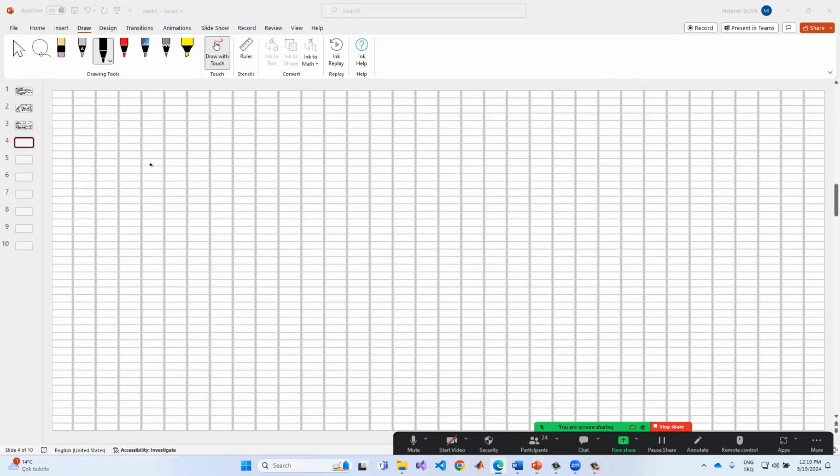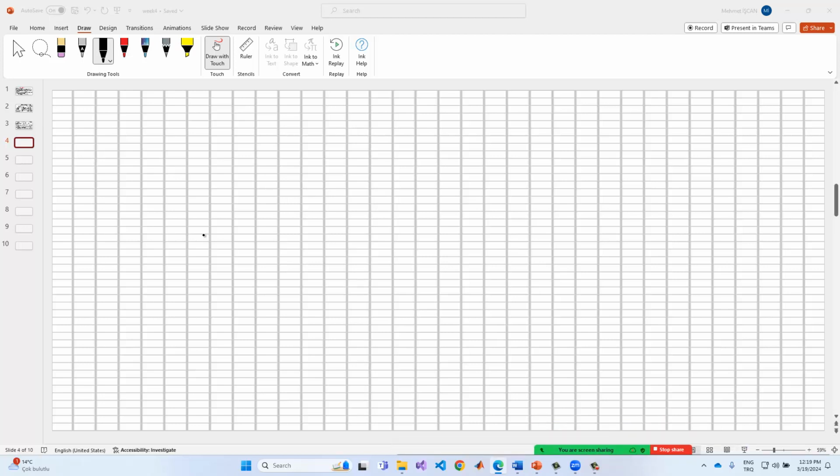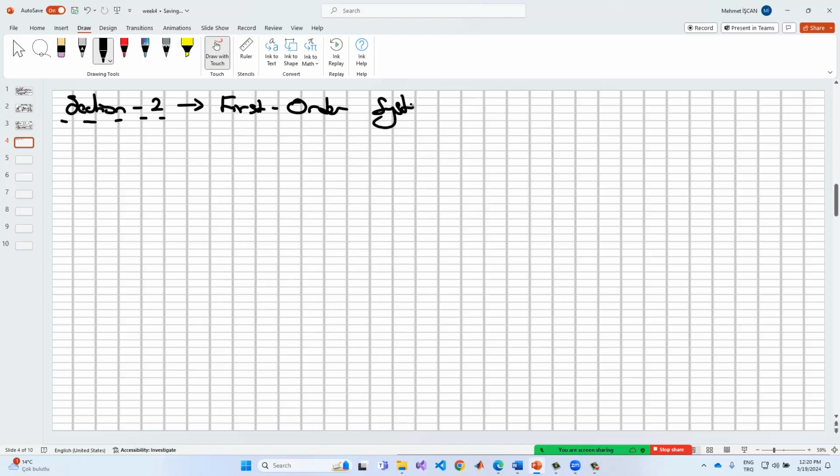Okay, so how can we use this information? In section 2, we will analyze the first order system, okay? So suppose that we have a system.